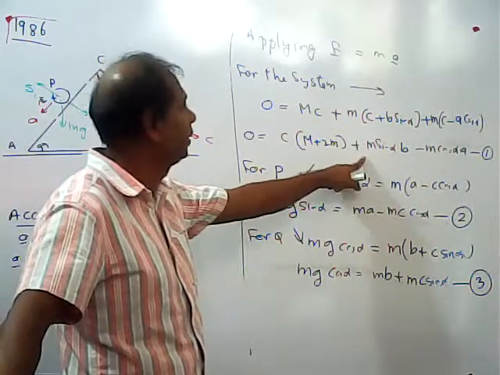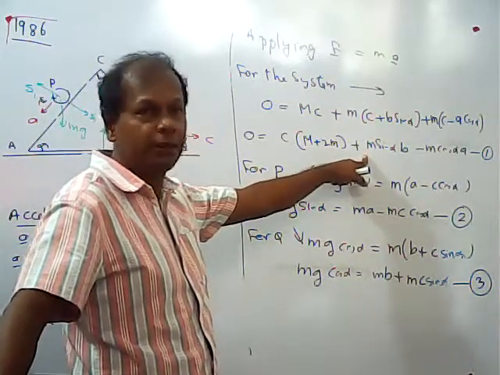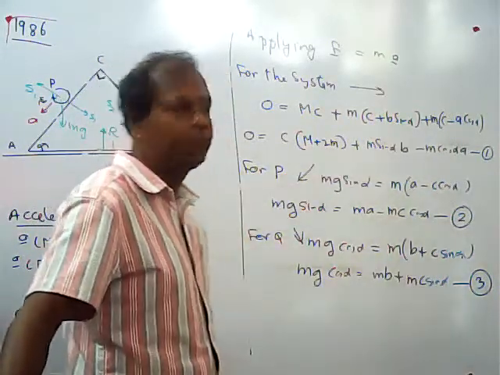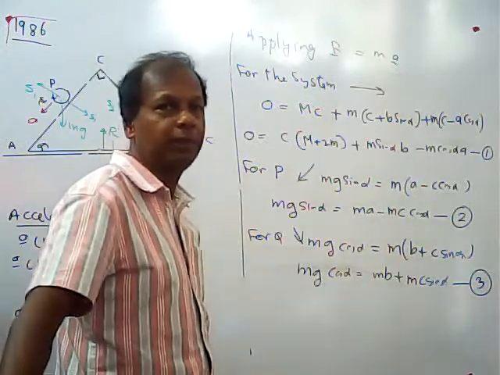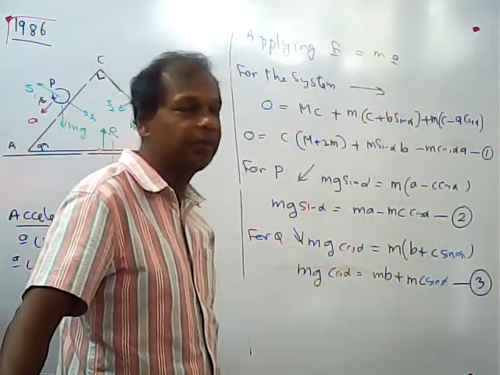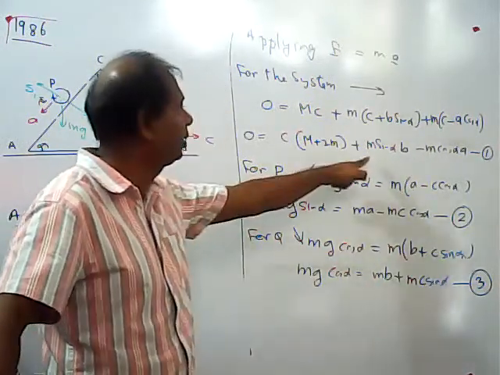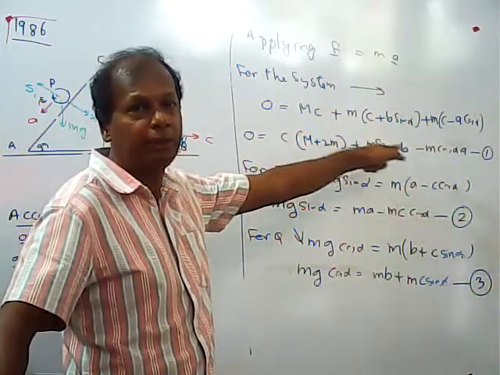So m sine alpha b minus m cos alpha a. We can get rid of both a and b at the same time by making it m sine alpha b and m cos alpha a.